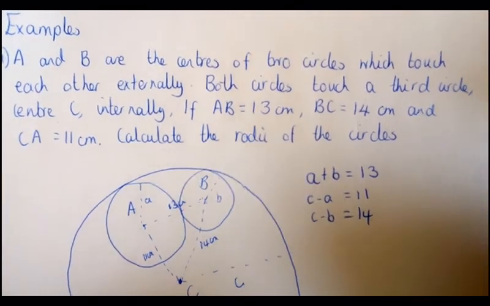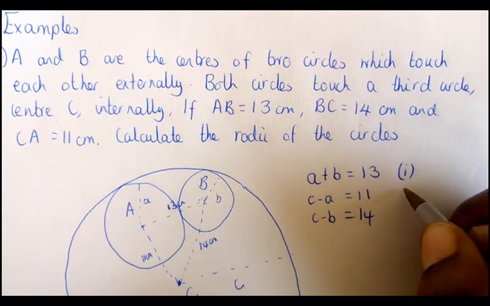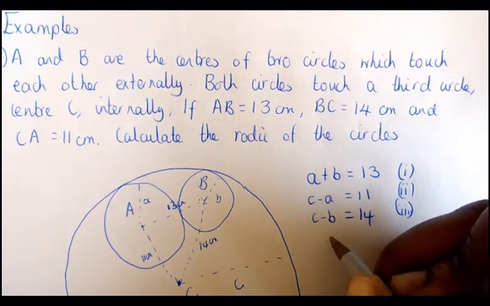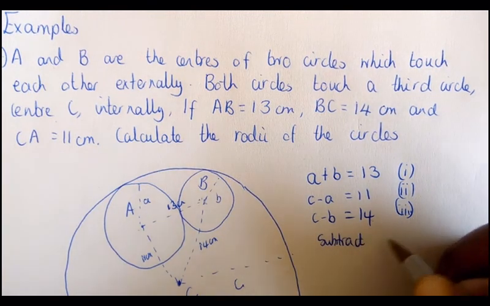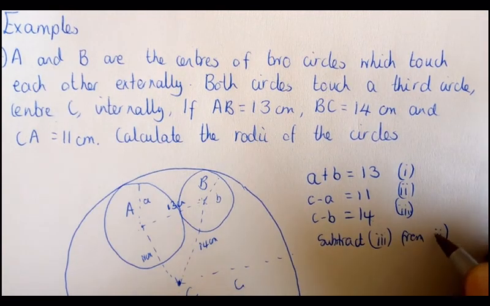And now the next thing that we do is we subtract. We name this equation 1, this is equation 2, this is equation 3. So the next thing is we subtract equation 3 from 2.